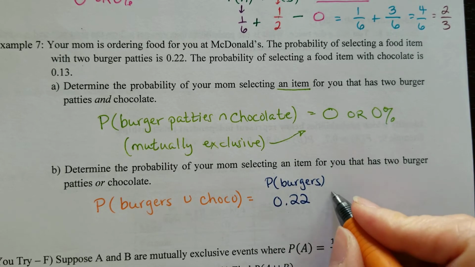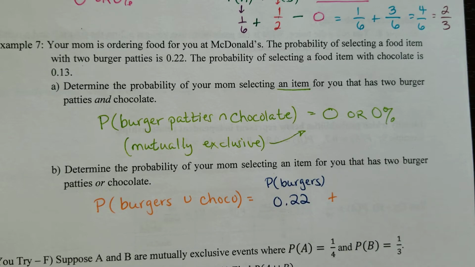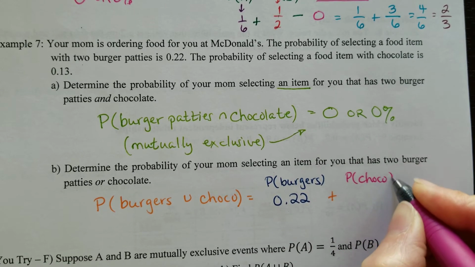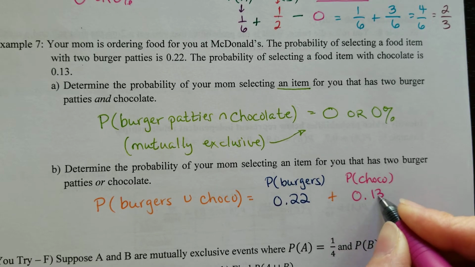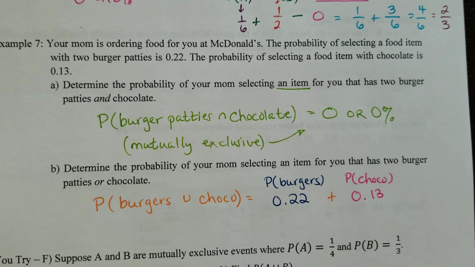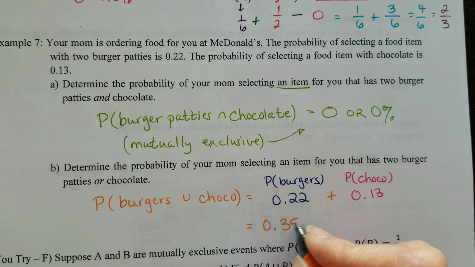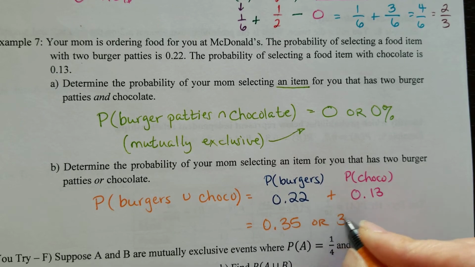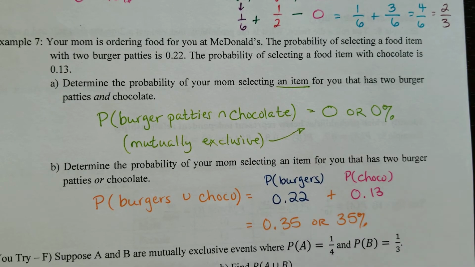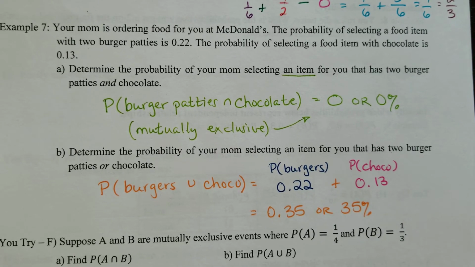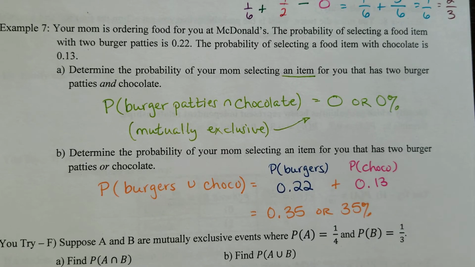And I'm going to add to that the probability of chocolate, which was 0.13. And because they have nothing in common, I can add this exactly as it's written. And so my answer here would be 0.35 or 35%. All right, that's my pausing point. And you guys are going to try F. And then go ahead and turn the page and try G as well.